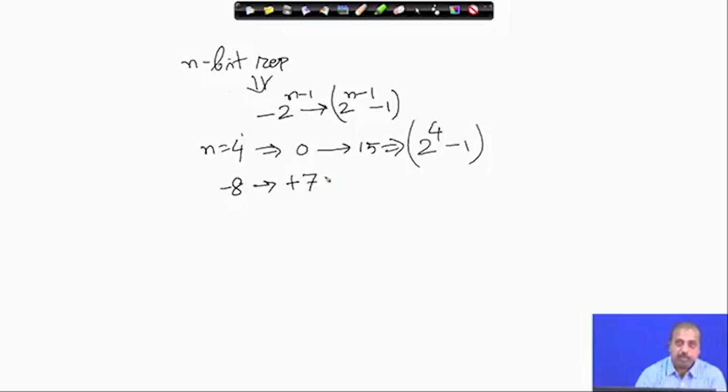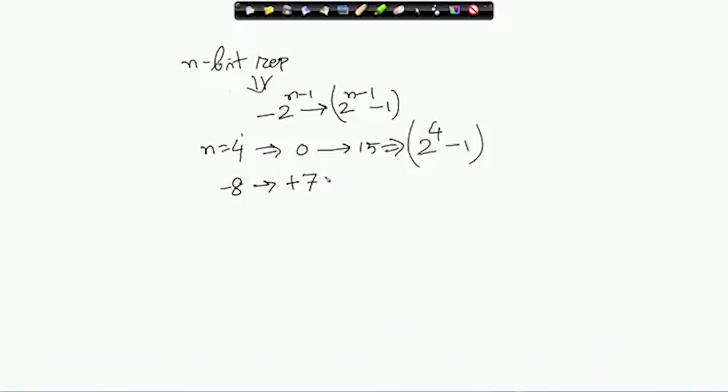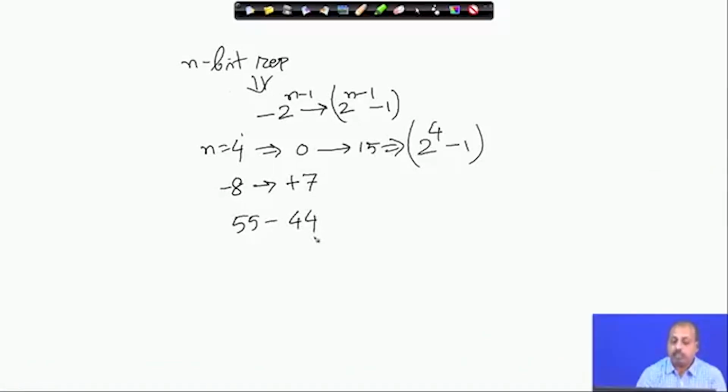Now, how does it help us? In 2's complement number system, the addition and subtraction become similar. How to do this? Like if I have to do this subtraction, say 55 minus say 44. All these numbers are base 10 numbers. First of all, I have to take the binary representation of 55.